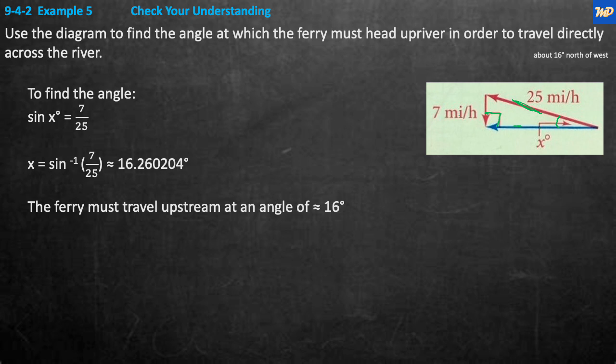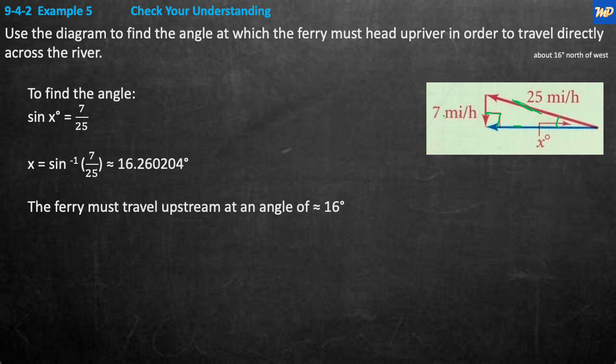We want the 7. So we're using the opposite and the hypotenuse to come up with this angle. And opposite over hypotenuse is sine. So to find the angle, we take the sine of x, and that equals 7 divided by 25, the opposite divided by the hypotenuse.